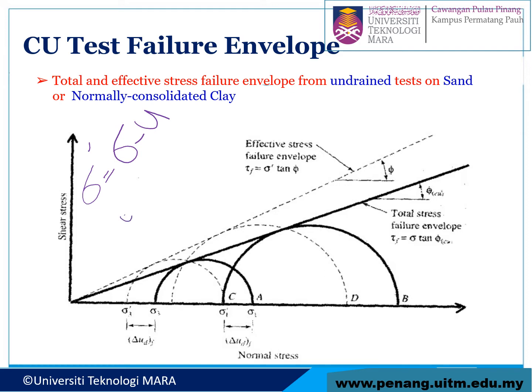So U is equal to sigma minus sigma prime. So you have sigma 3 minus sigma 3 prime, you will get U, or sigma 1 minus sigma 1 prime, you will get the value of pore pressure.